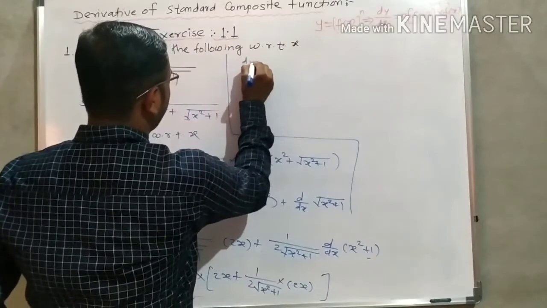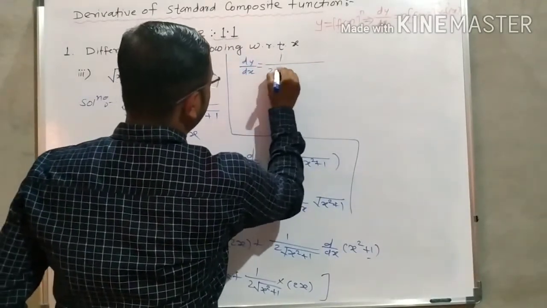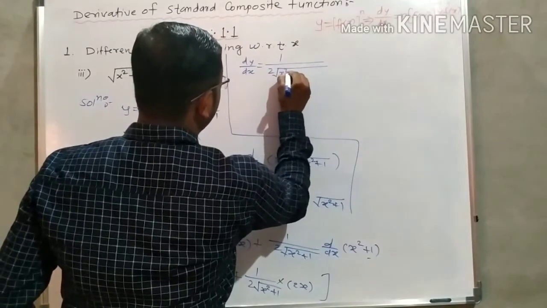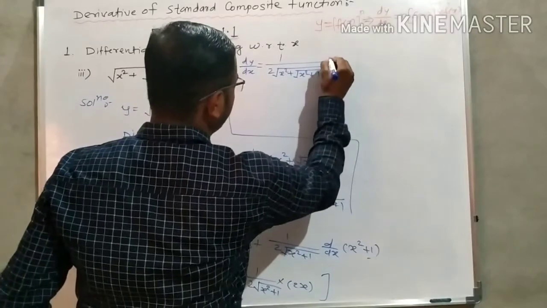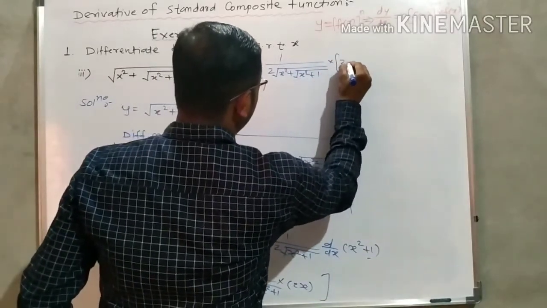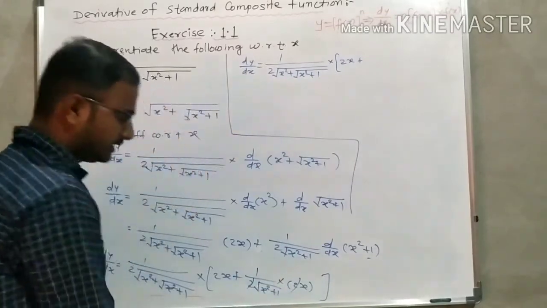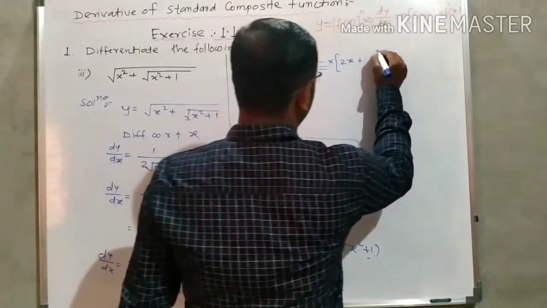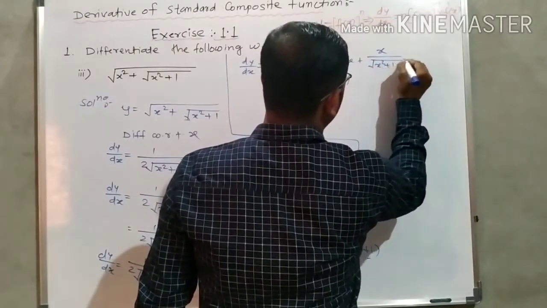So dy by dx is equal to 1 upon 2 into square root of x square plus square root of x square plus 1 into 2x plus; the 2 cancels, so it is x upon square root of x square plus 1.